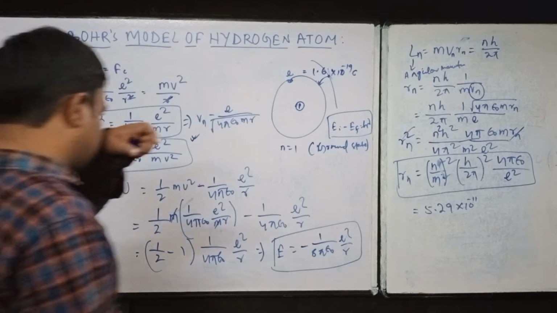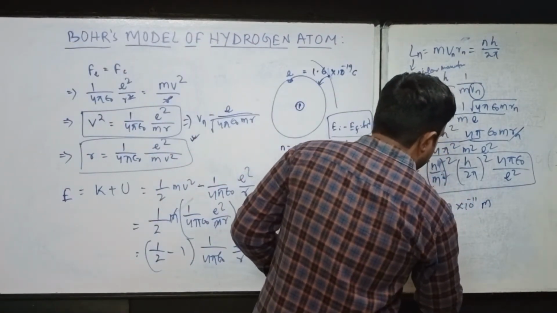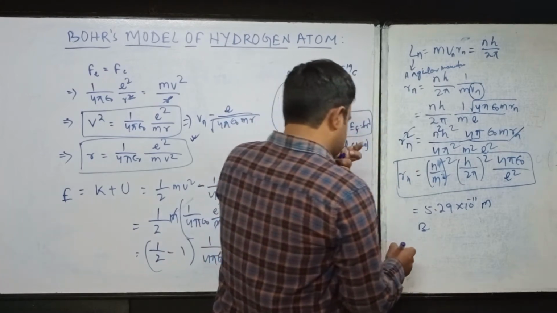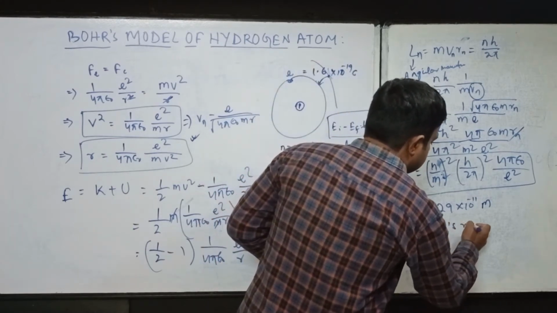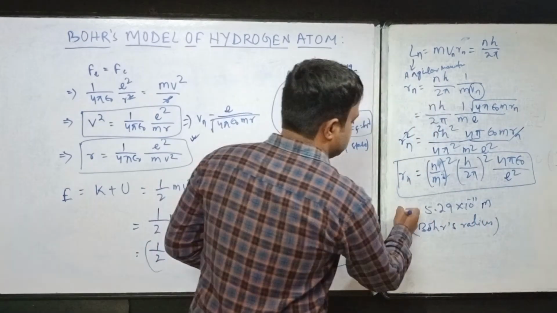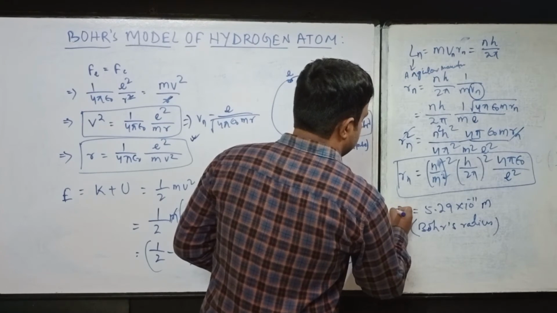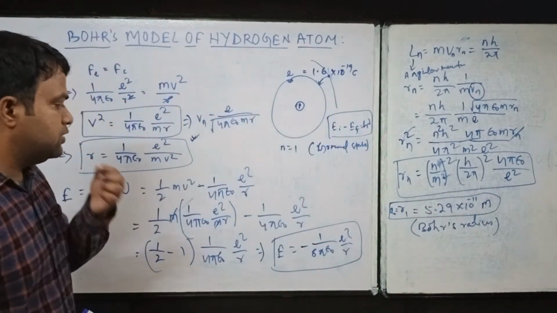So this is called the Bohr's radius, the first radius for the hydrogen atom. This is R1, or sometimes a0 also it's called. This is Bohr's radius. You remember this one.